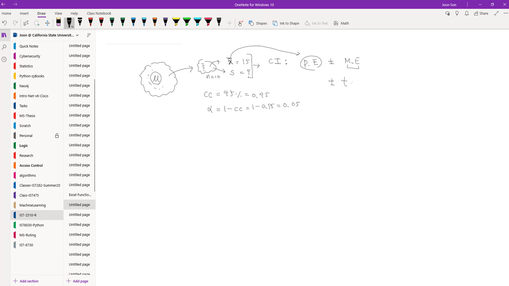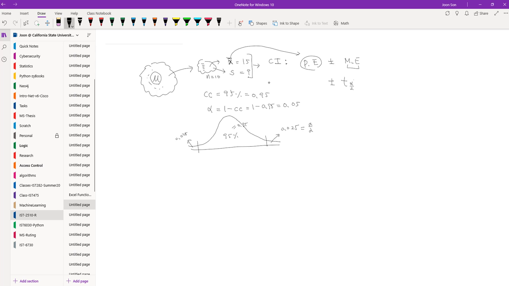So we use alpha divided by 2, because we need to consider two tails. For a confidence interval, it is always the two-tail case. So the middle is 95%, which is 0.95, and each tail is 0.025, which is alpha divided by 2.